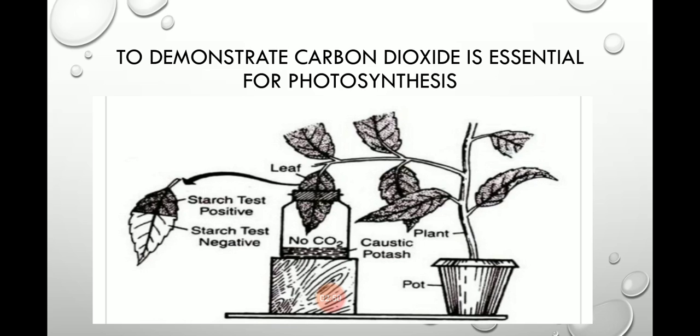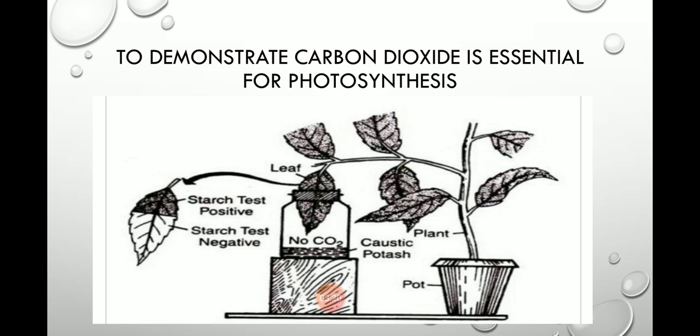When we take this leaf out and test it for starch, that is, we provide it with the iodine solution, the part of the leaf which got carbon dioxide, which was outside the jar, has synthesized food material, that is glucose or starch, and it gave a positive test of starch in which the leaf turned blue black.